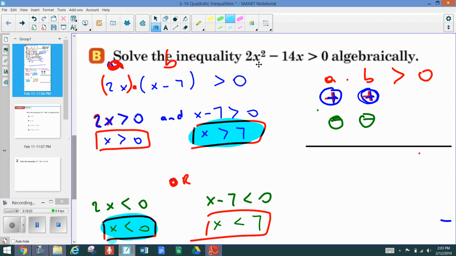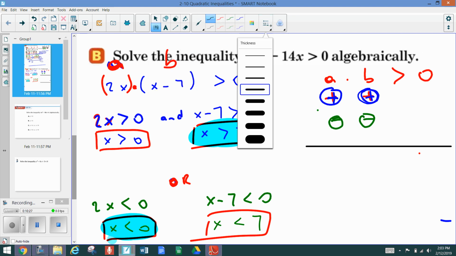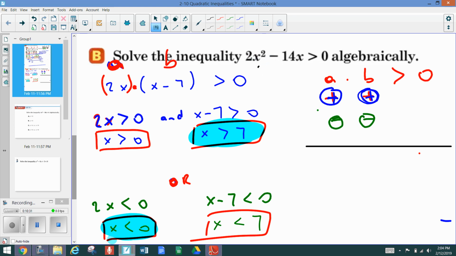Okay, plug it in. 2 squared is equal to 4. 4 times 2, 8. So 8 minus 28. The result is negative, right? Negative 20 greater than 0. Is that right? No. That's why we didn't choose this one.